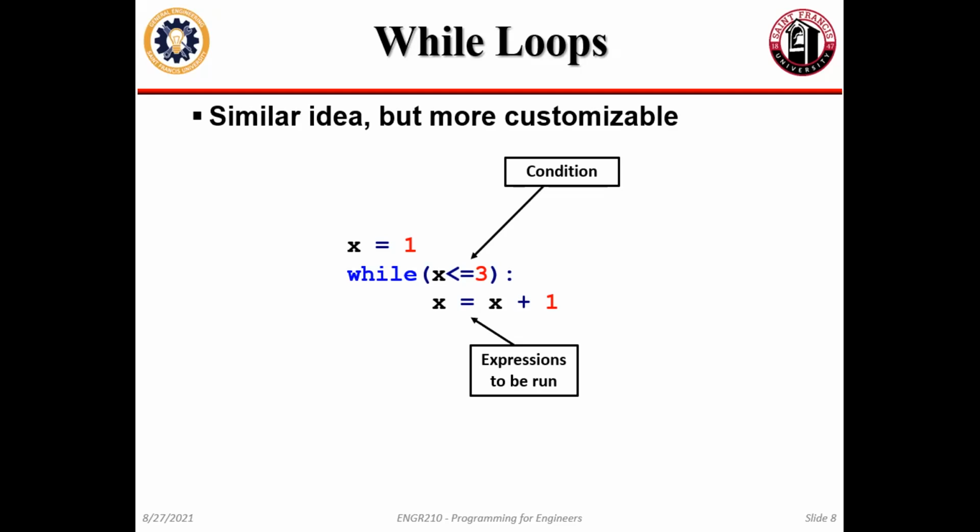So with a while loop, you can do that directly. A while loop is set up to run while a certain condition is true, and it will check that condition at the start of each loop. So in this case, this loop runs while x is less than or equal to 3. So let's have a look at this puppy.